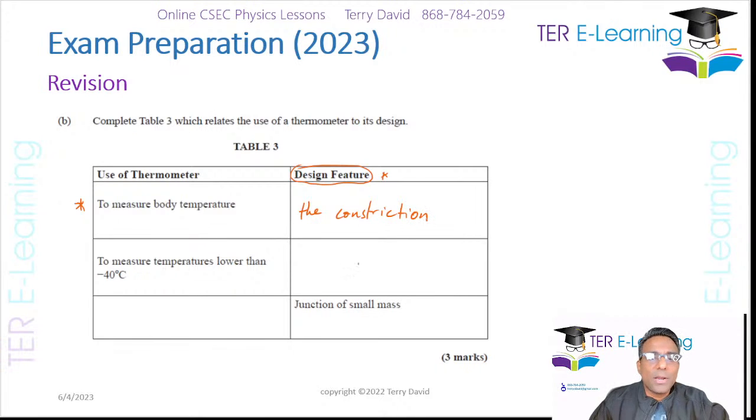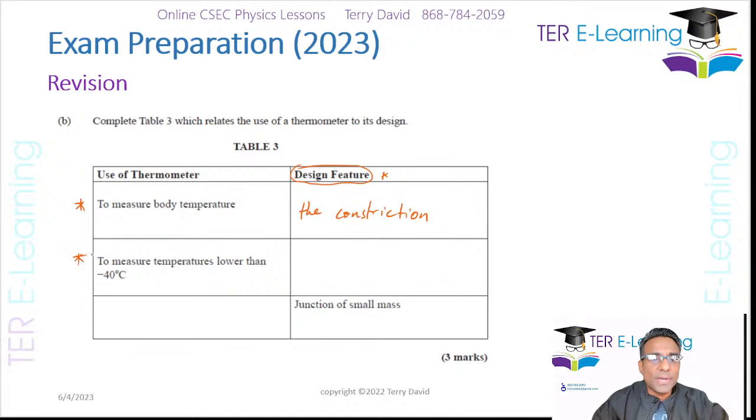That is what allows you to read the thermometer, right? So when you put the thermometer under your arm, the mercury is going to expand. It expands beyond the constriction, and then there's a break in the constriction, so it allows the doctor or the nurse to read your temperature, and then they flick their wrist, and that moves the mercury back into the bulb, right? So this is what they want. They want the constriction, right?